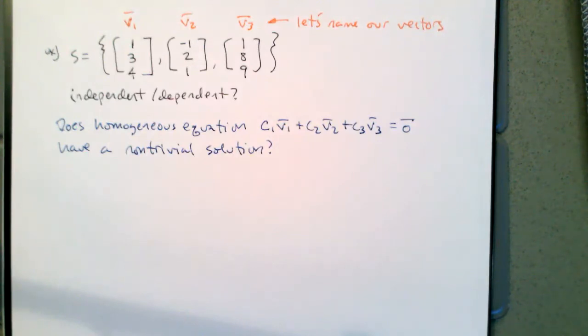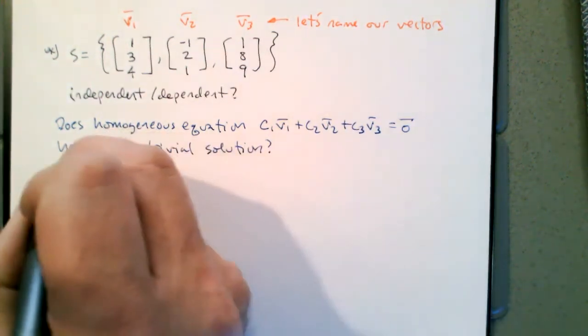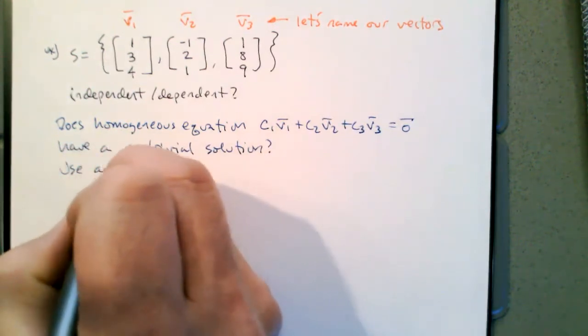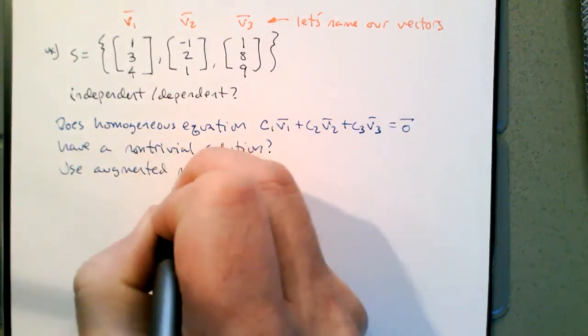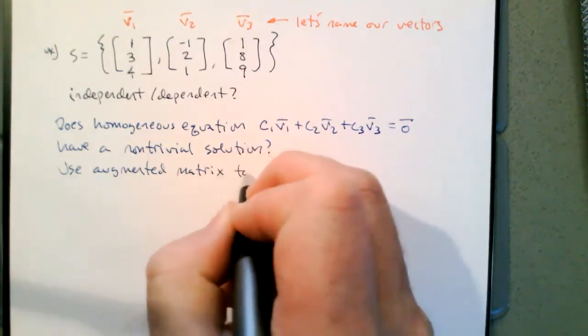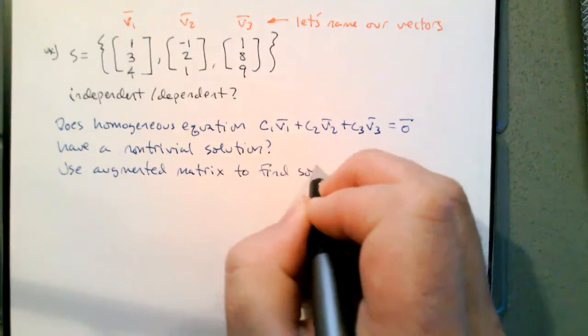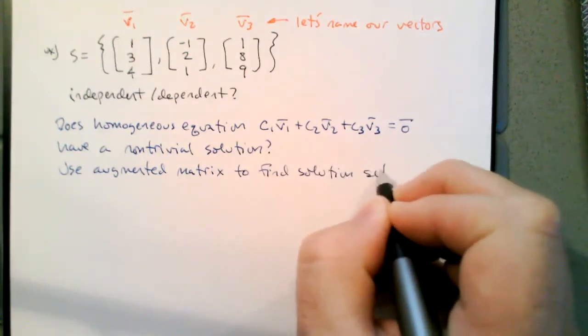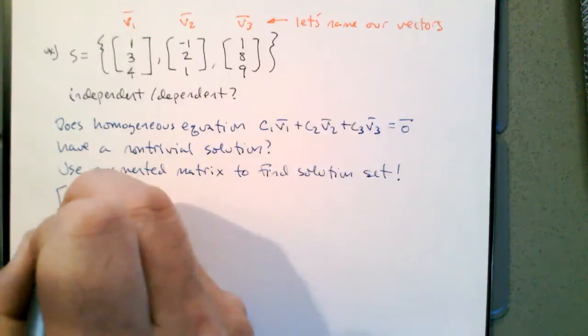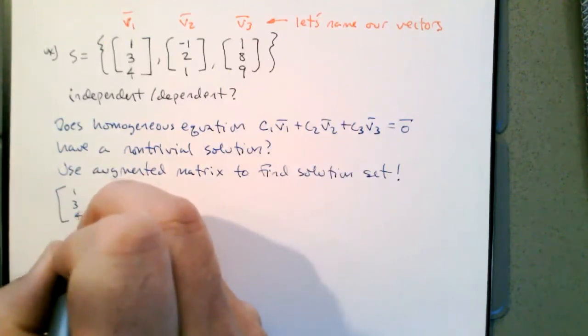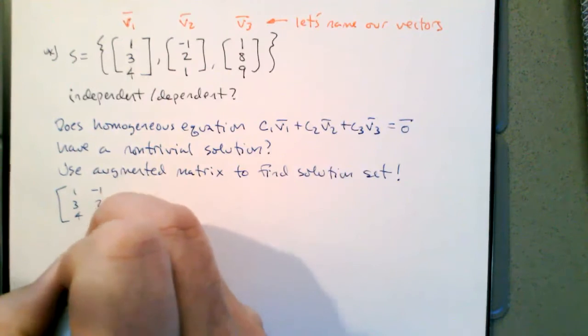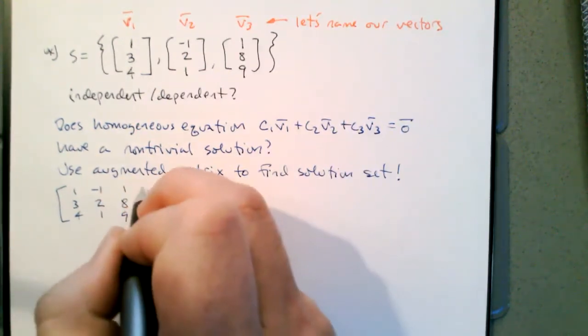Since we're looking at a vector equation, we turn our vector equation into an augmented matrix so we can find the solution sets. So I need this augmented matrix: 1, 3, 4, -1, 2, 1, 1, 8, 9.